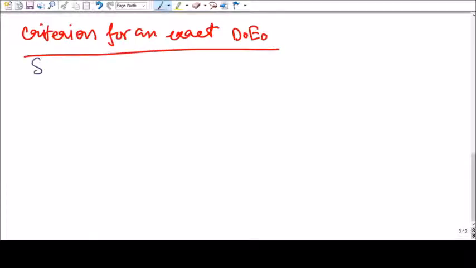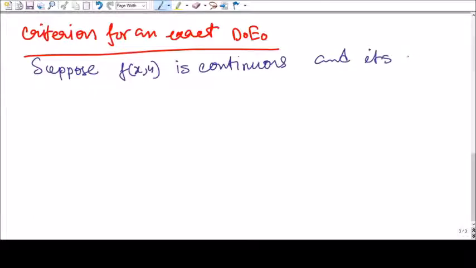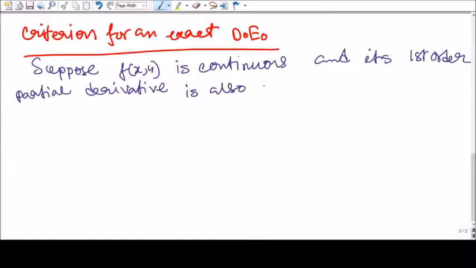Suppose f of x, y is continuous, and its first order partial derivatives are also continuous, in a region R in the xy plane.